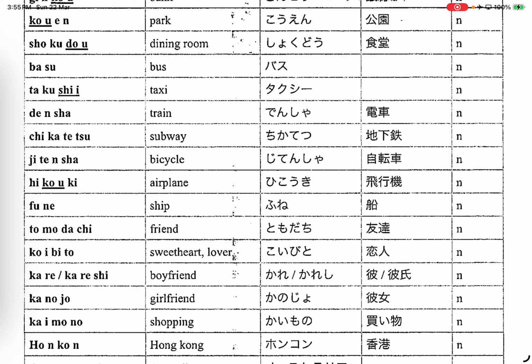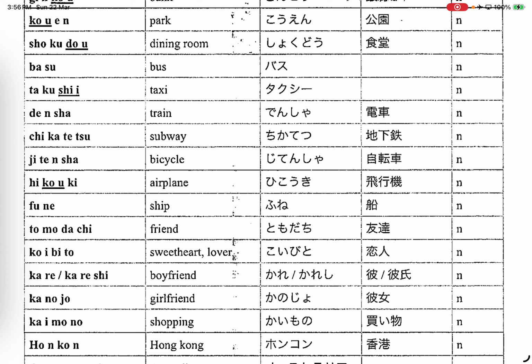爱人, 我的爱人. However, 爱人 in Japanese we pronounce as 愛人, but 愛人 is not what you think. 愛人 in Chinese means lover, literally 愛 and 人, but in Japanese it means consort, like a mistress, 小老婆.